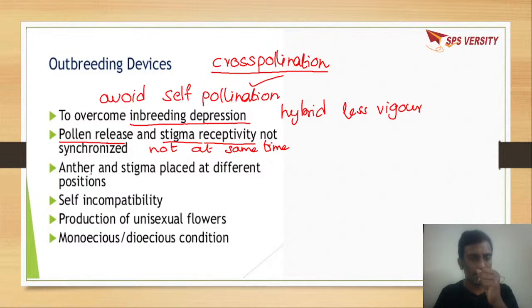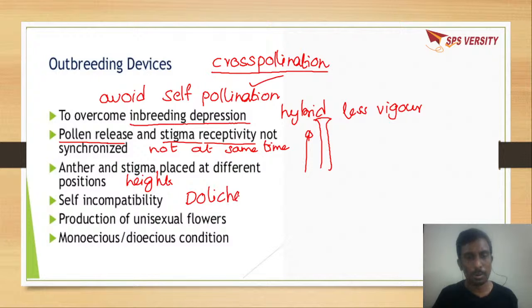When anther and stigma are present at different positions, at different heights, the anther is present at this point and the stigma is present at this point, then the chances of self-pollination are reduced, which promotes cross-pollination. Self-incompatibility means in some species like dolichos, the stigma will not accept the pollen grains from the same flower.